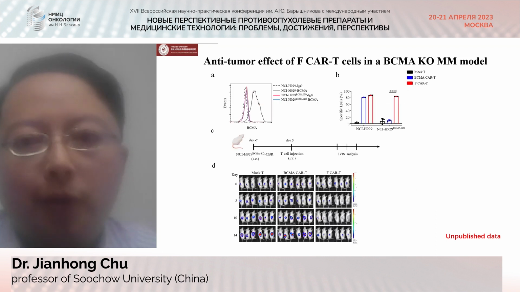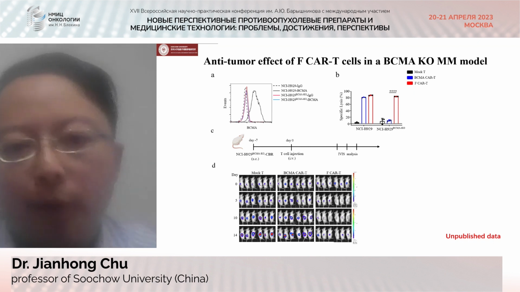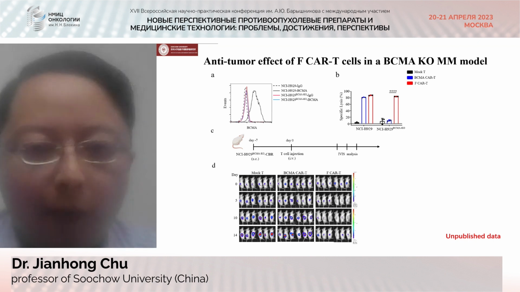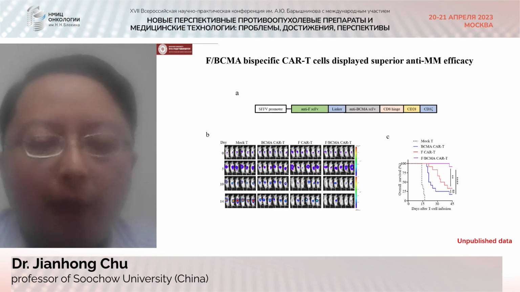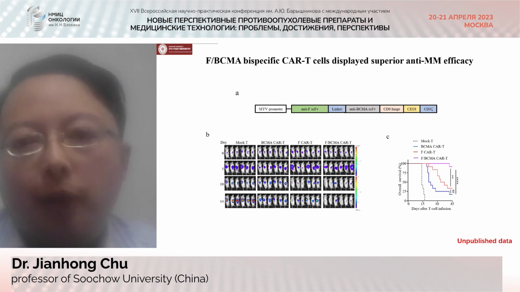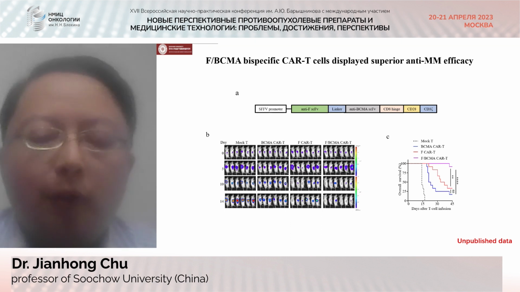Importantly, we also demonstrated that our F-CAR T cells can function well in a BCMA knockout multiple myeloma model, suggesting that this F-CAR T therapy may be used as a salvage therapy in patients with BCMA loss following BCMA CAR T therapy. We also generated F-BCMA bispecific CAR T cells and found that these CAR T cells display superior anti-multiple myeloma efficacy compared with the monospecific CAR T cells.